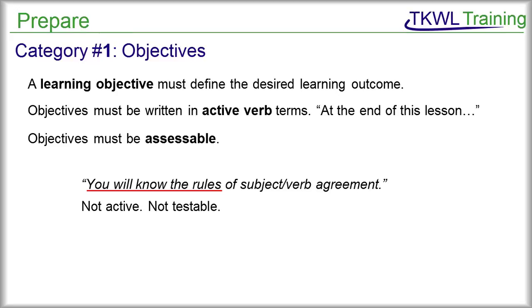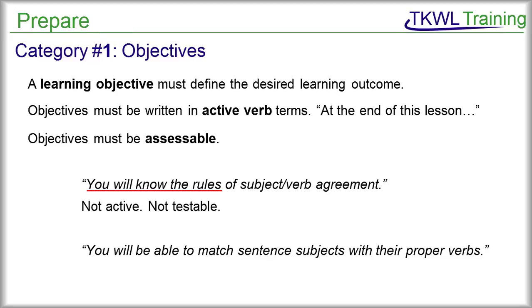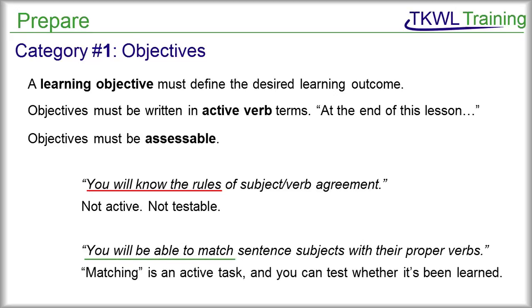It's impractical for us to try and test knowing of something as a whole. But rewritten, it is no longer vague, and we can test whether the student can match subjects and verbs. Same topic, but now the learning is expressed as a concrete skill, an action that can be tested at the end of the lesson.